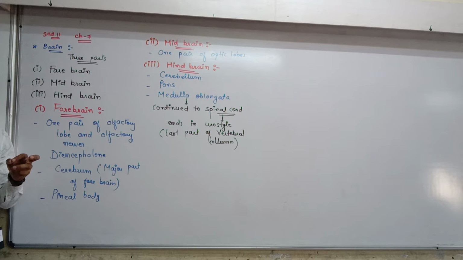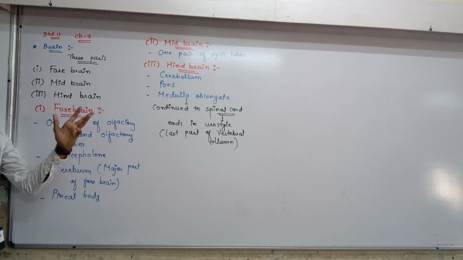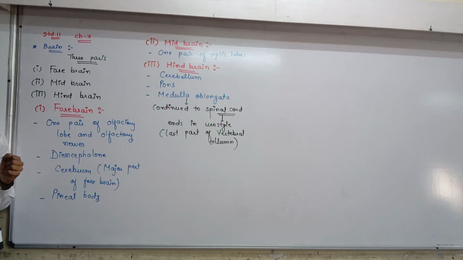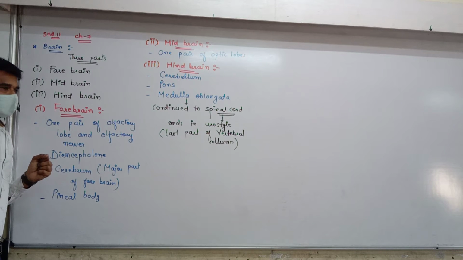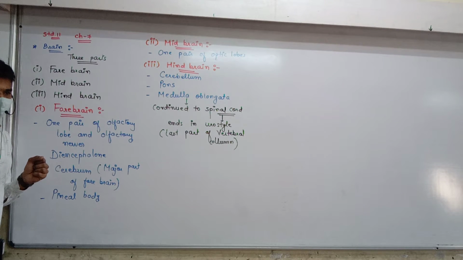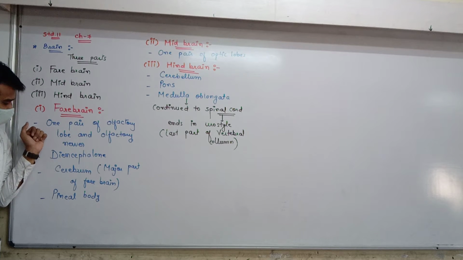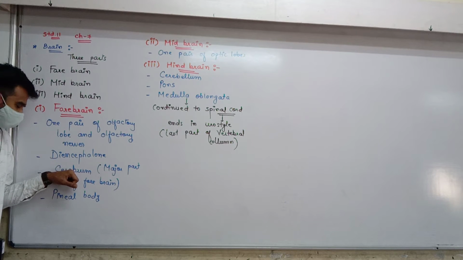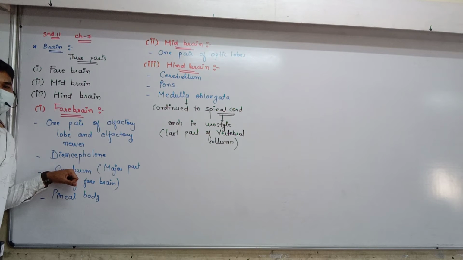As a result, the frog is able to identify the smell. So olfaction is nothing but the smell sensation. We say it like that. Then cerebrum to cerebral hemisphere.